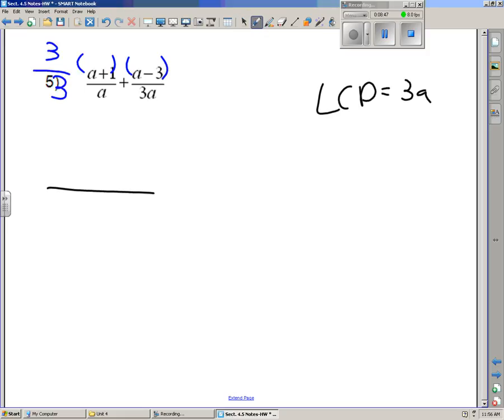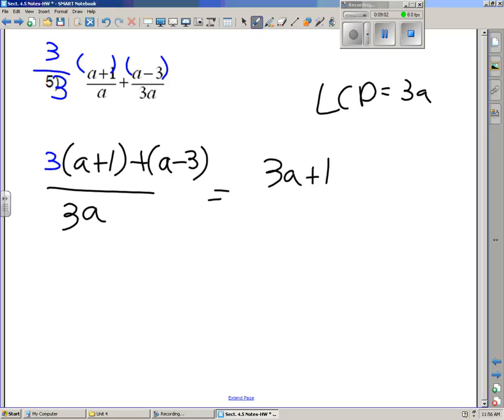So common denominator is 3a, and I'm going to have to distribute 3 into this parentheses, a plus 1, plus this parentheses. So then I really get 3a plus 3, plus a minus 3 over 3a.